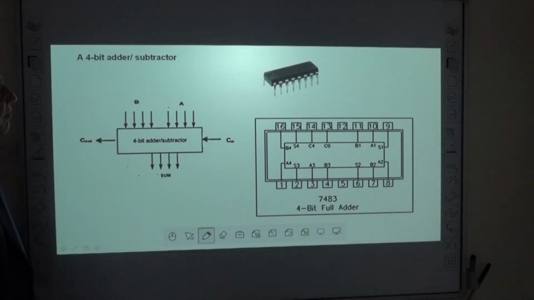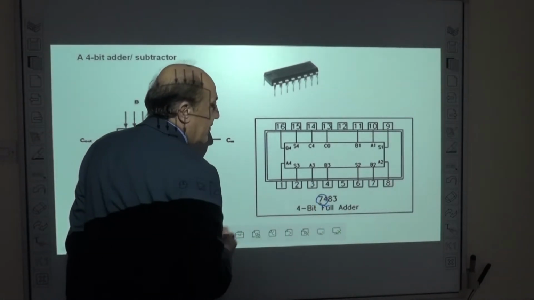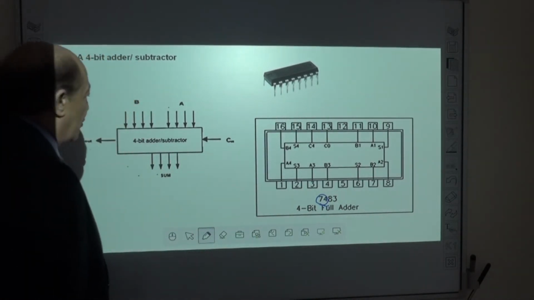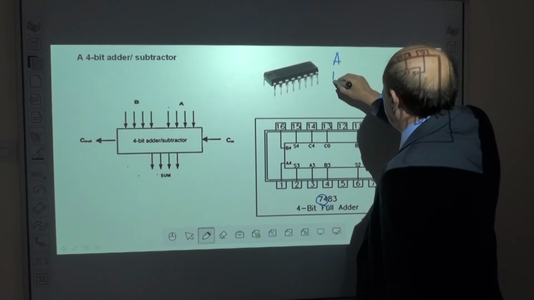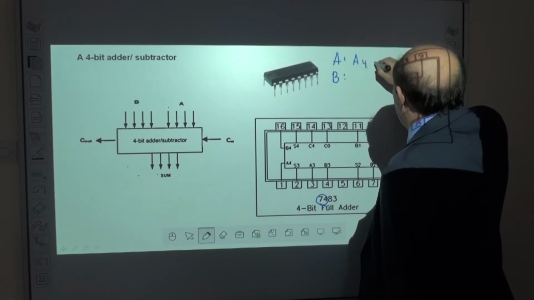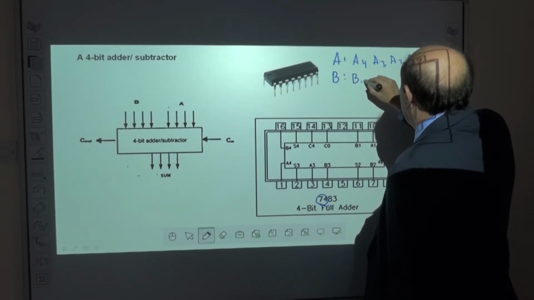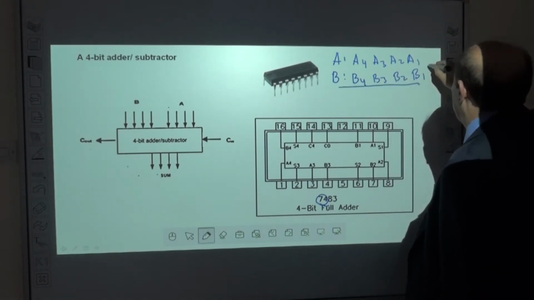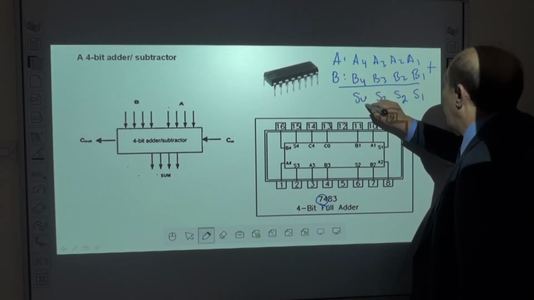This is an example of one IC from the 74 series, a 4-bit adder used to add a 4-bit number, for example, number A and number B. Number A, 4 bits, A4, A3, A2, A1, and B, B4, B3, B2, B1, and generates the sum S1, S2, S3, S4.